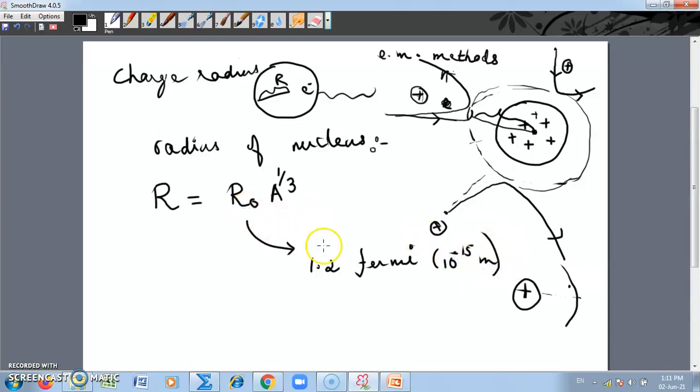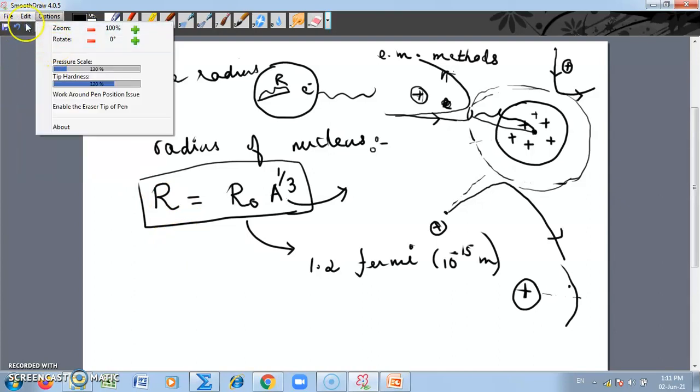So R is dependent on the mass number of the object. The greater the mass number, the greater the radius of the nucleus. So this is what has been found out.